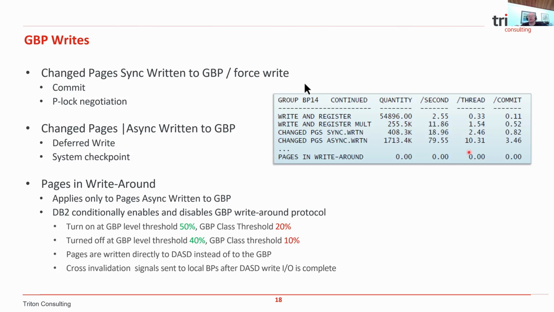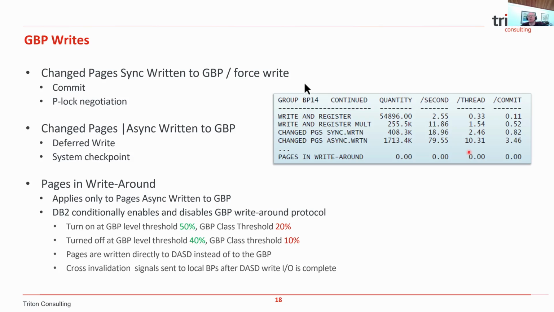Take one example, the group buffer pool level threshold, which is GBPOOLT. If it goes above 50% used across the buffer pool, then it starts cutting in and writing these asynchronous pages directly to DASD. And then it cuts out again once it's come down to 20%.